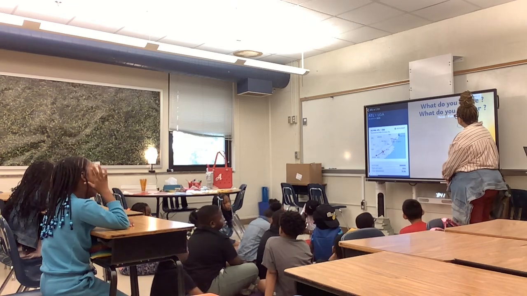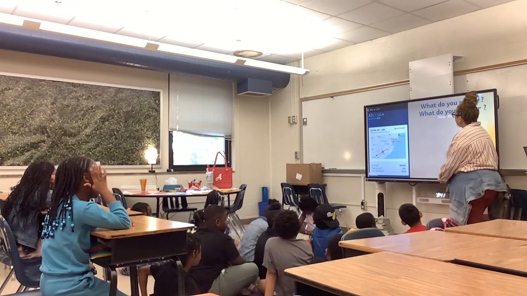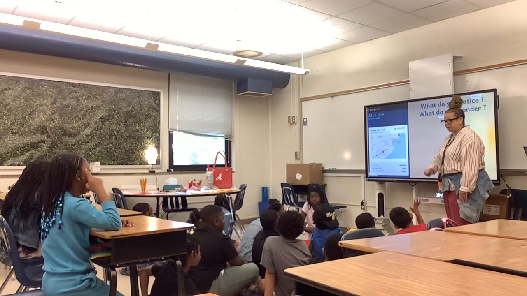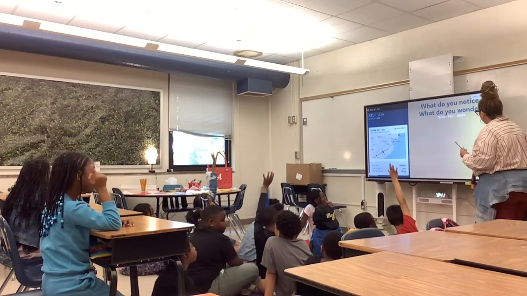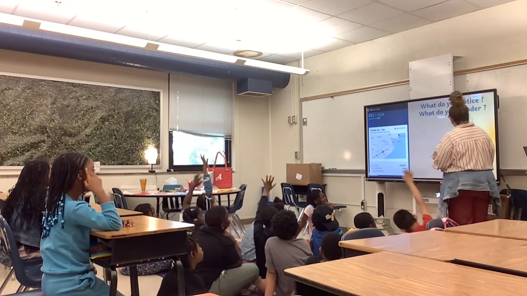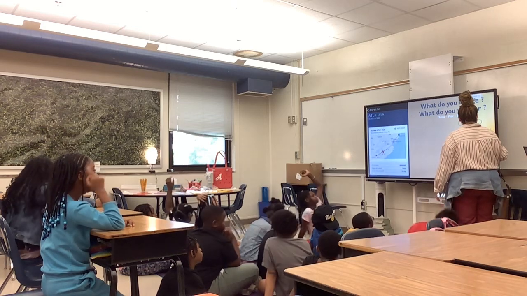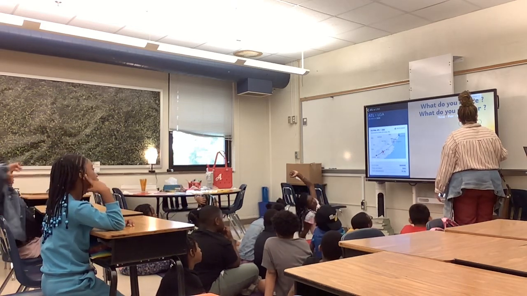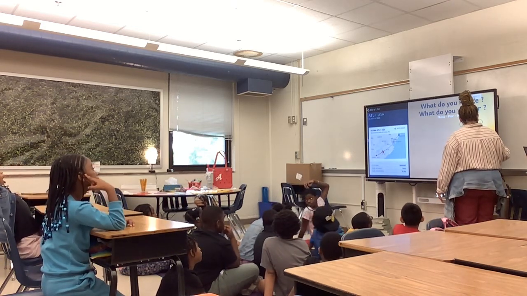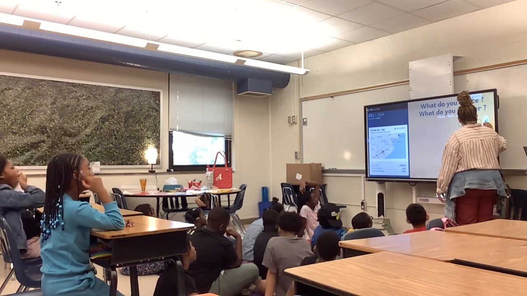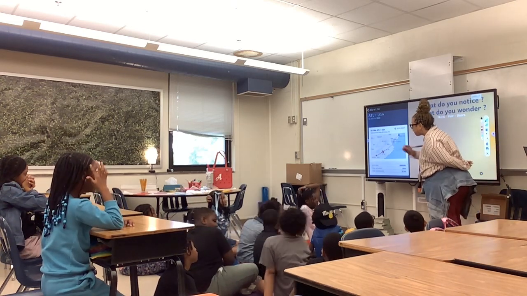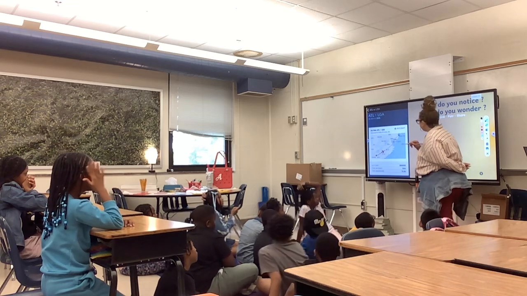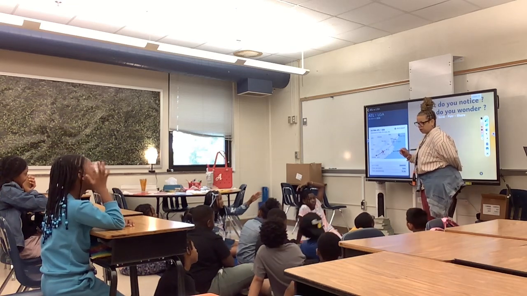What do you notice and what do you wonder when you take a look at that flight plan? Jalea, what do you notice? It shows you where to start. It shows you where you're starting and where you're landing.